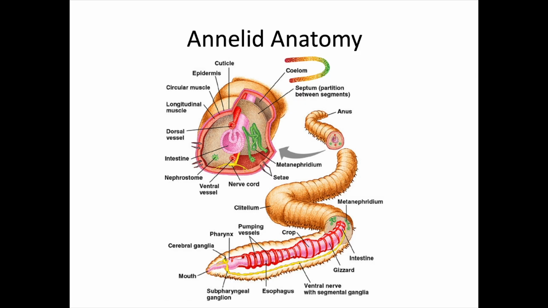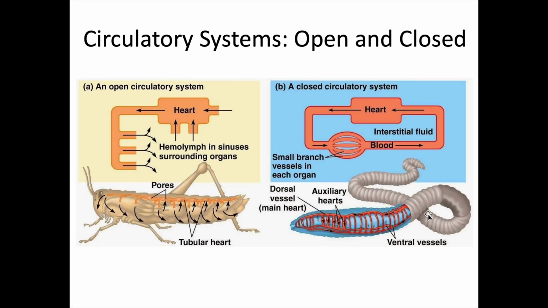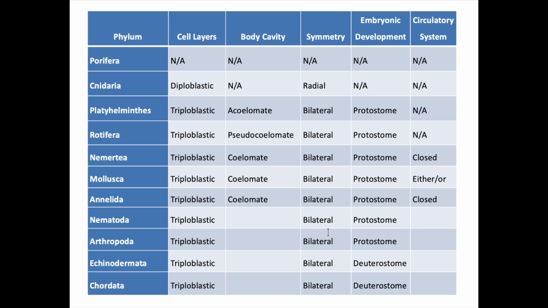So it's kind of like having two circulatory systems. So yeah, all the coelom stuff is true. Also, they have a closed circulatory system. In fact, they were our example of a closed circulatory system, and we already defined that previously. So that helps fill out this table here for annelid worms. They are coelomates, and they have a closed circulatory system.